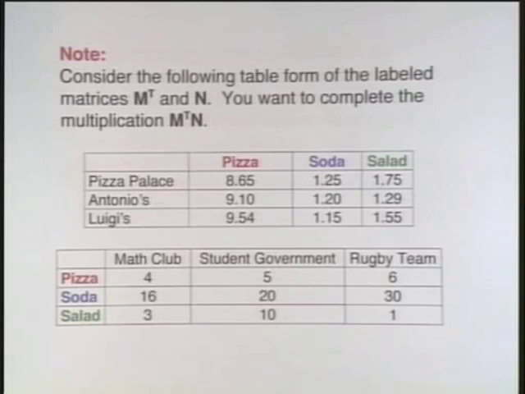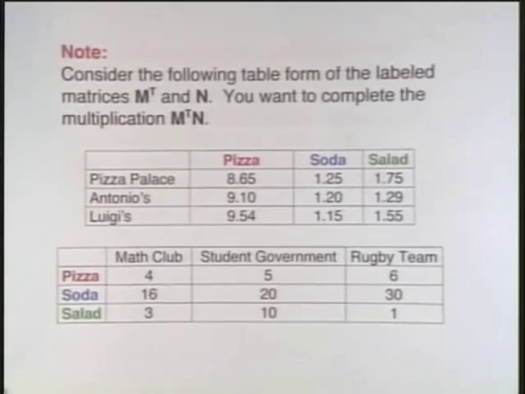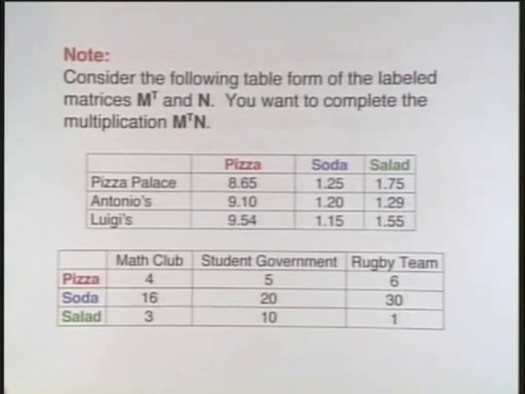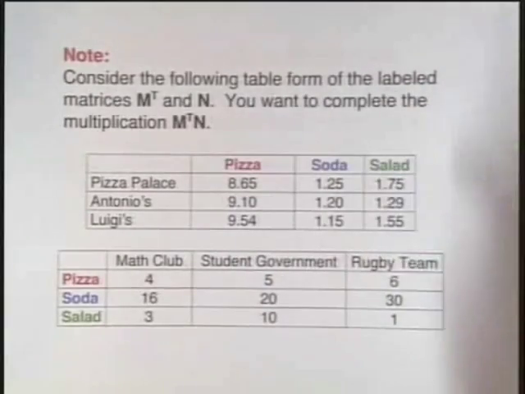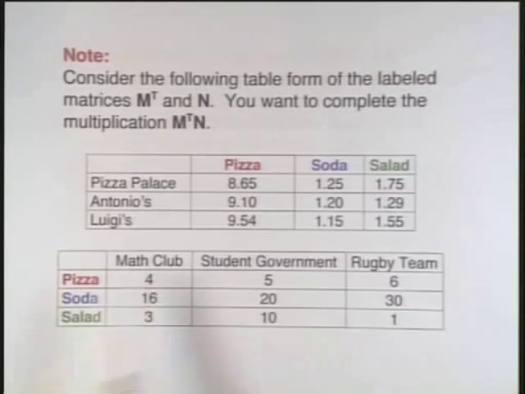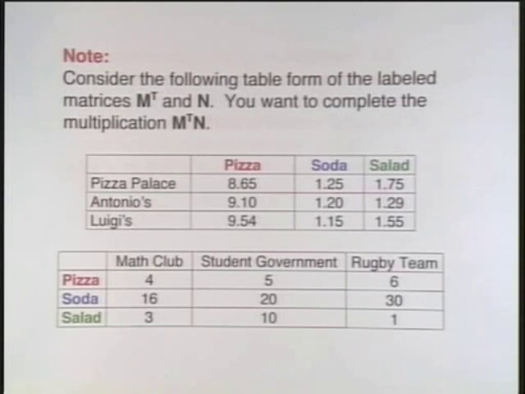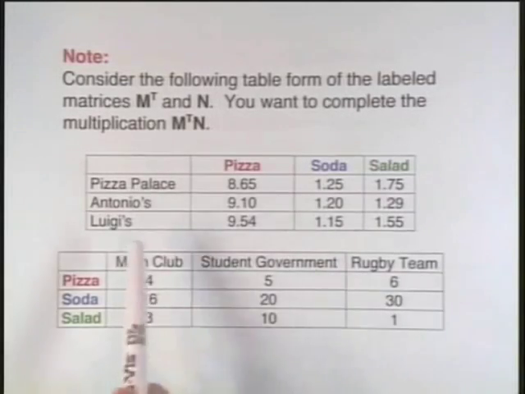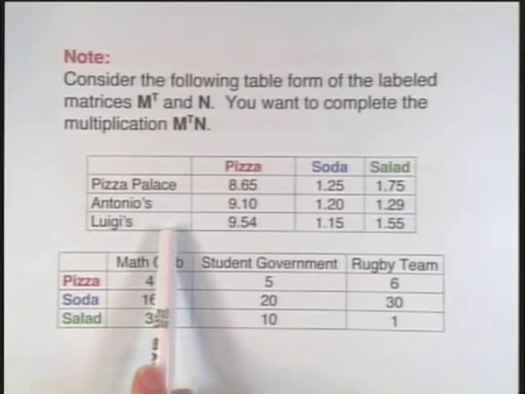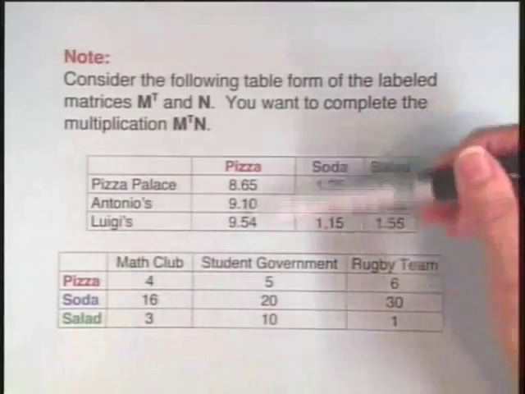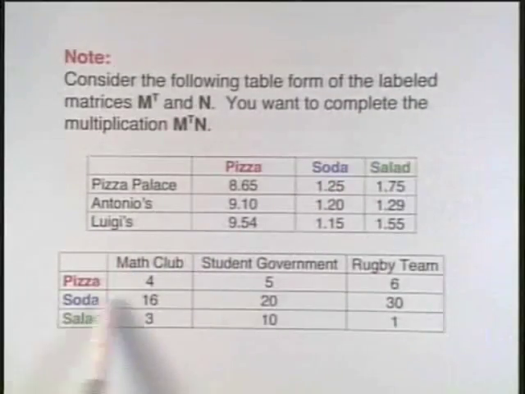In order to perform matrix multiplication M transpose times N, it is not sufficient that the column labels on M transpose are foods and the row labels on N are also foods. The column labels on M transpose must be listed in the same order as the row labels on N. Pizza, soda, salad, pizza, soda, salad.